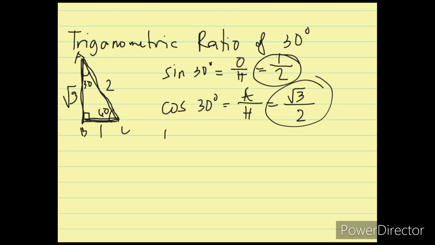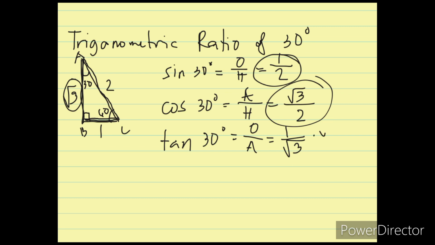And the tangent of 30 degree, again, the tangent is opposite over adjacent. So our opposite is 1 and our adjacent is square root of 3. Again, there is a radical involved in the denominator, so we are going to simplify that.